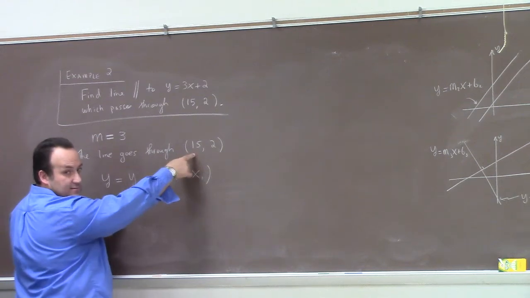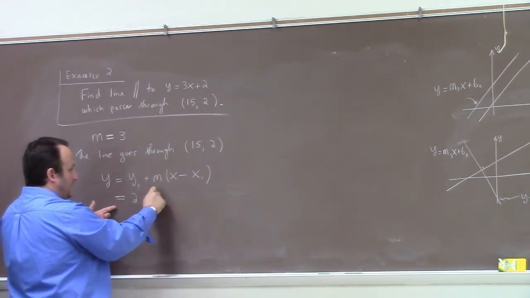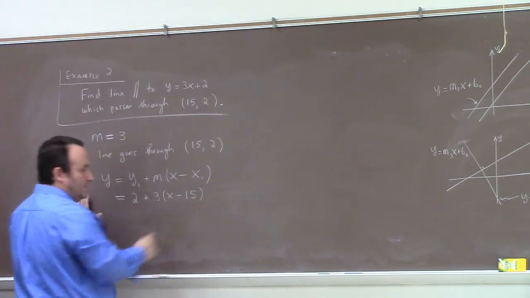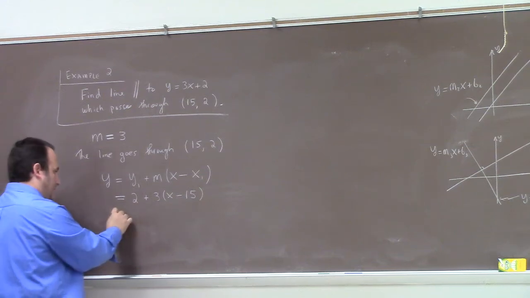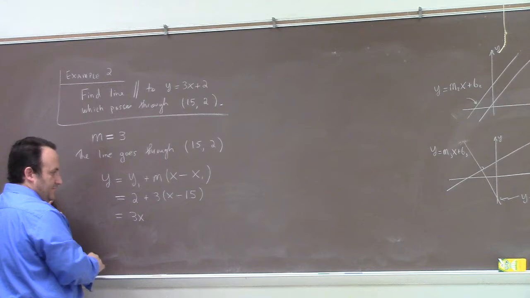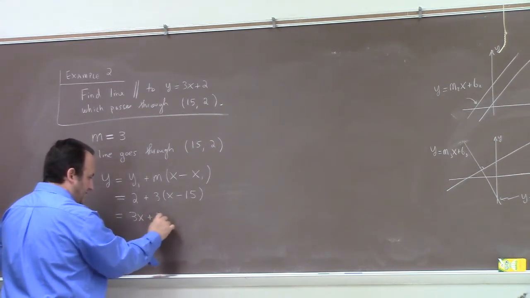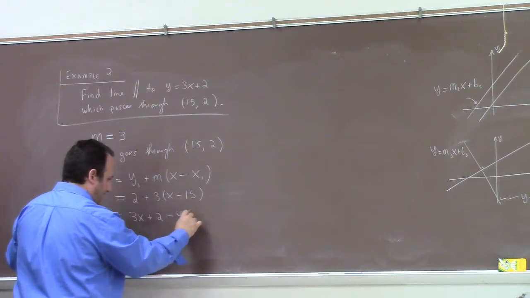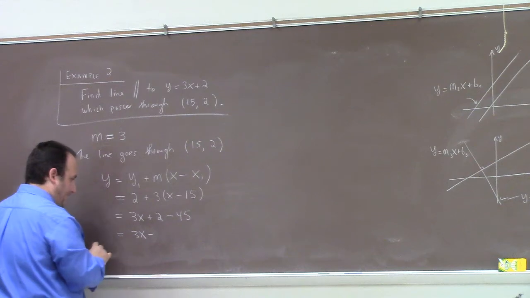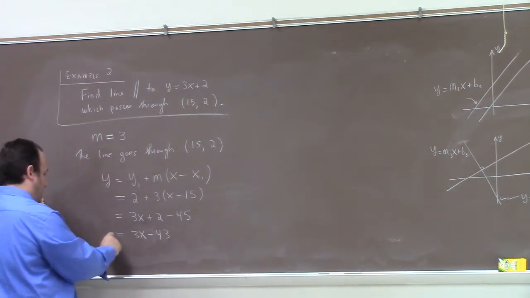And we have a point, 15, 2. So 3x minus 45, so plus 2 minus 45, and 3x minus 43. Is that your equation? So there you go. y equals 3x minus 43.